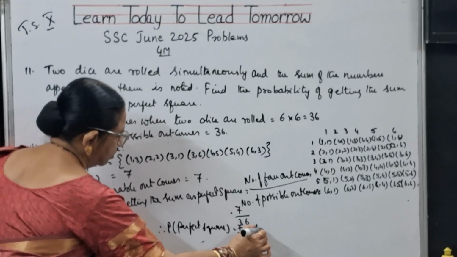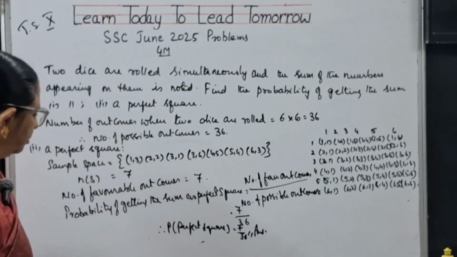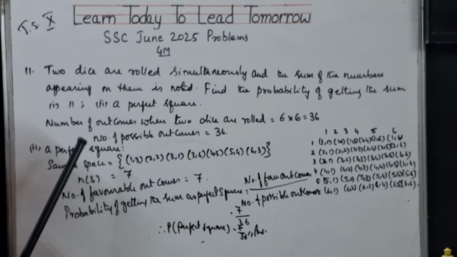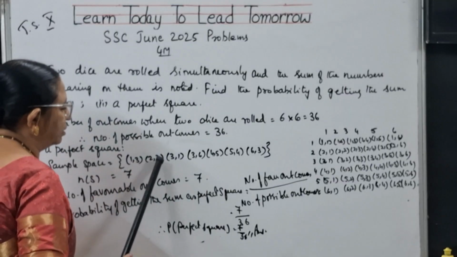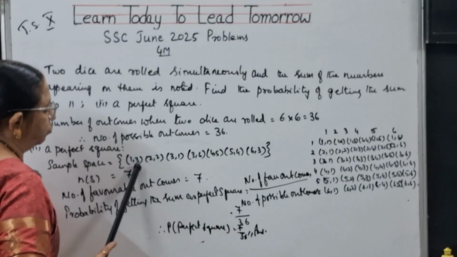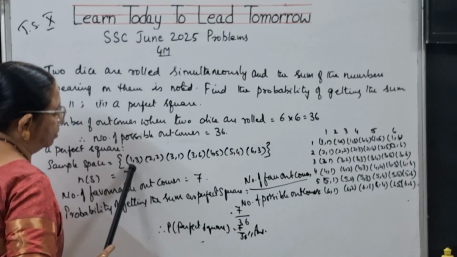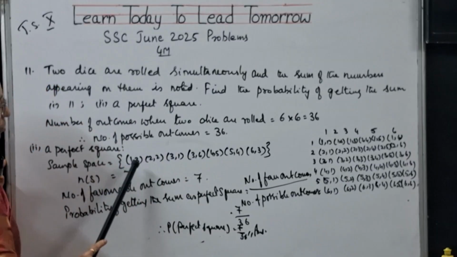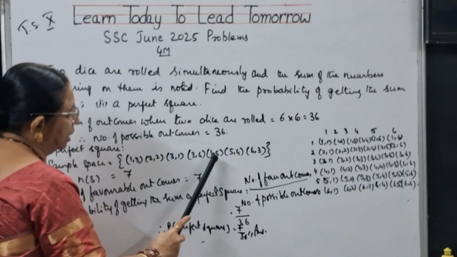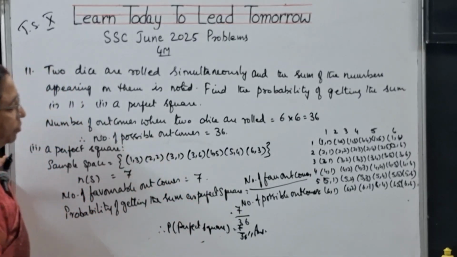This is the answer. So here children, they are asking the next bit, second bit, a perfect square. That means if you add, the sum of the numbers should be a perfect square. So 4 is a perfect square. So these are the numbers with which we are getting perfect square 4. Here 9 is a perfect square.